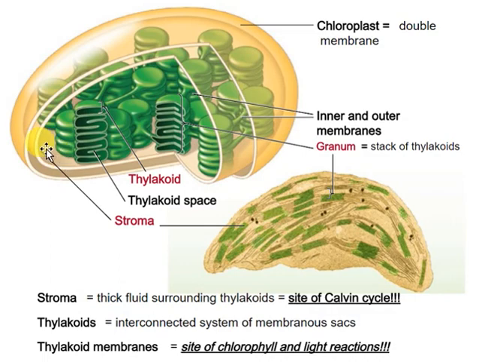Within the stroma, there's this elaborate network of interconnected membranous sacs that are called thylakoids. These are, again, these stacked disc-shaped structures, right? So here's a little thylakoid. Here's one here, here, and here.